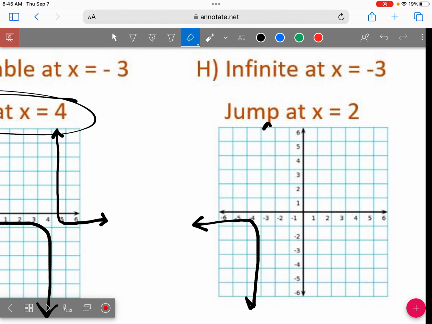So I'm going to have my infinite continue. It's going to stop at x equals 2. I'm going to put an open circle. And then I'm going to jump up or jump down and create some totally different function. So I'm going to jump up and just make a line.